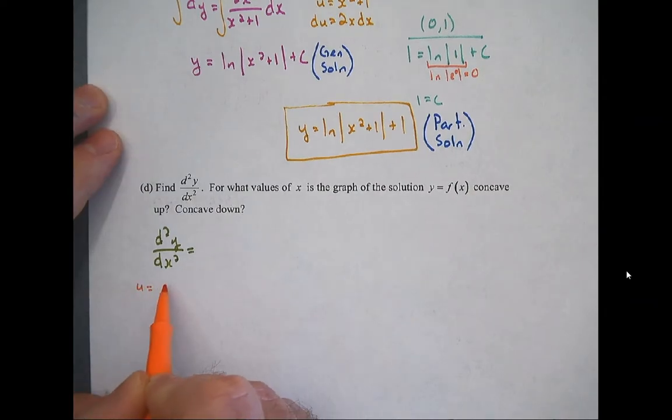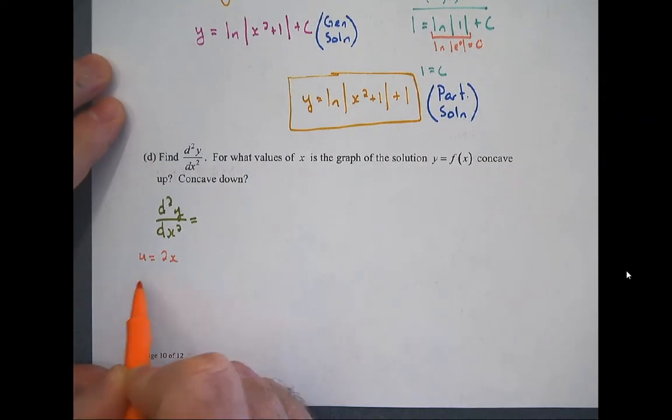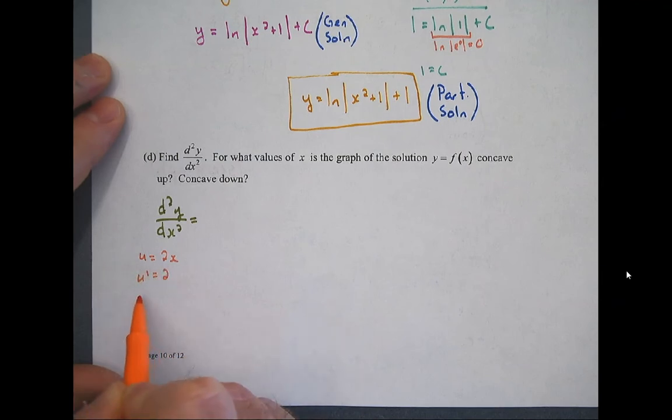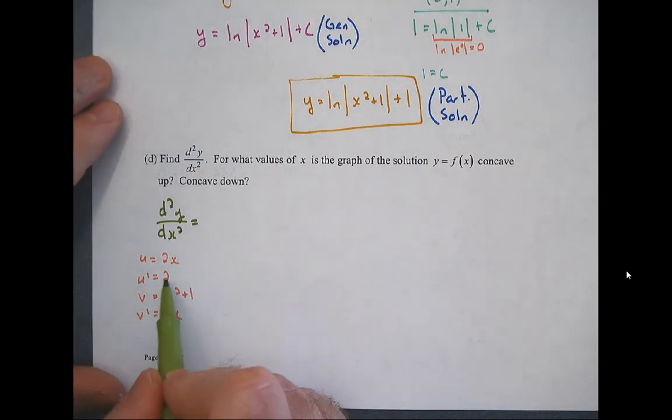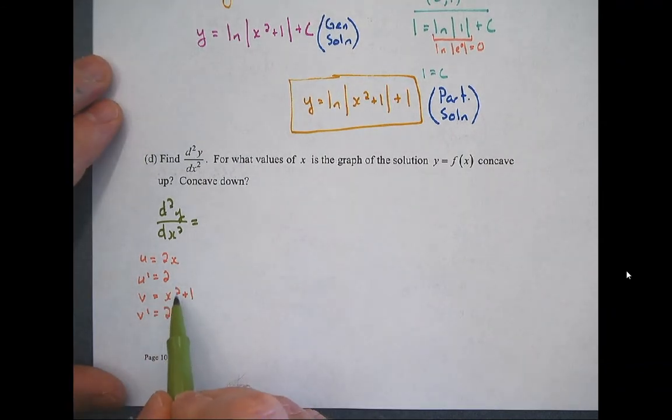So u is equal to 2x. U prime is equal to 2. V is equal to x squared plus 1. V prime is equal to 2x. Now we apply the old quotient rule, I'm going to distribute as we go.